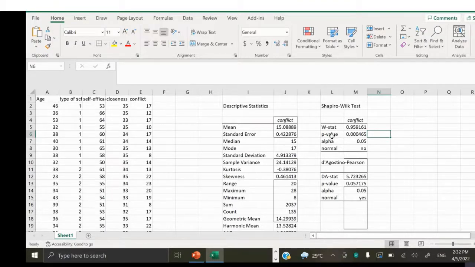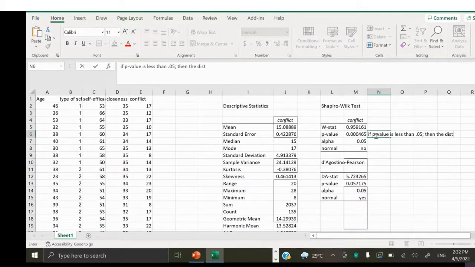Now, if the p-value is less than 0.05, then the distribution is not normal.